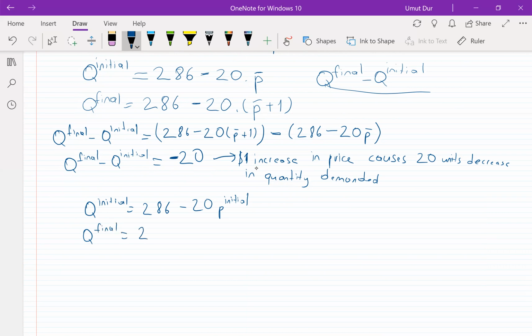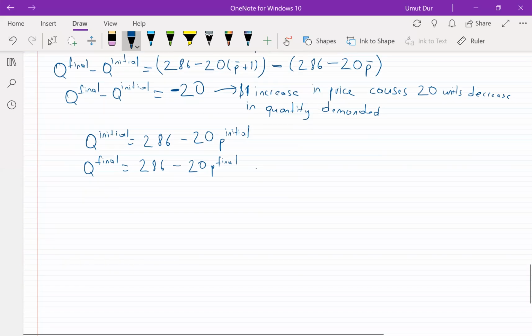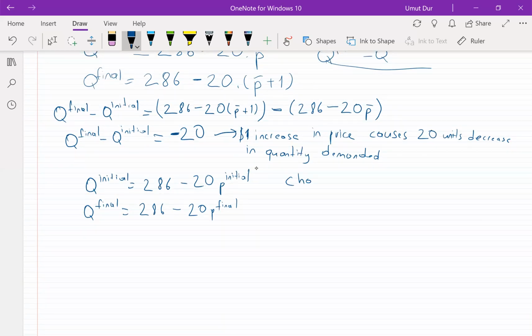It can be an increase or a decrease in the price. I will just denote it by P final. Then the change in the price I will denote by triangle P, which is delta P, and it is actually P final minus P initial.